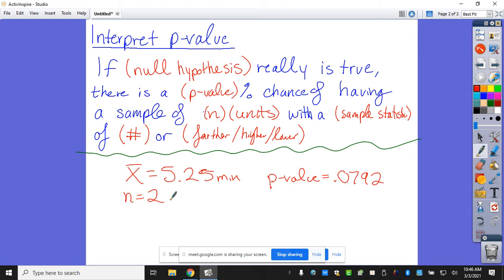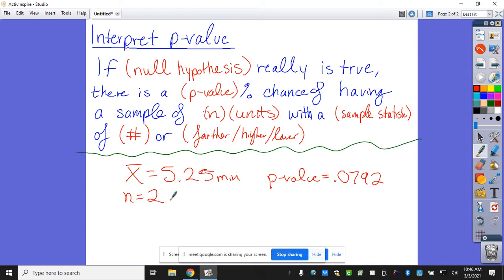So the chance of having a sample of 2 of his runs with a mean of 5.25 or higher is that answer.